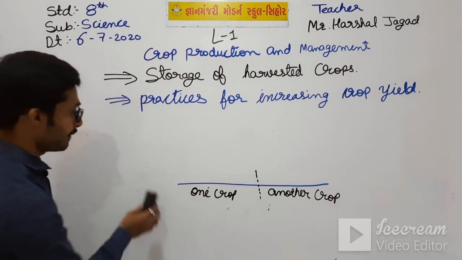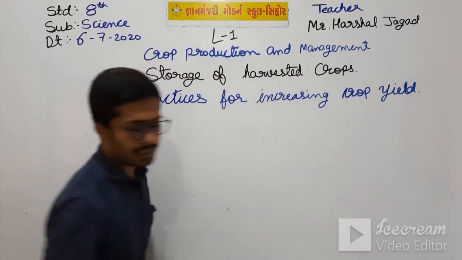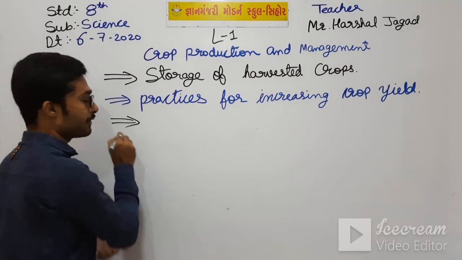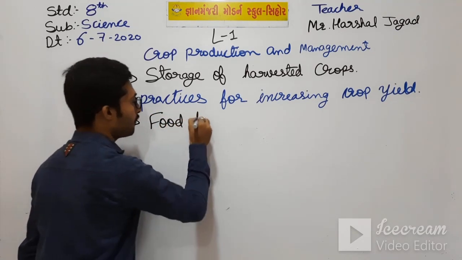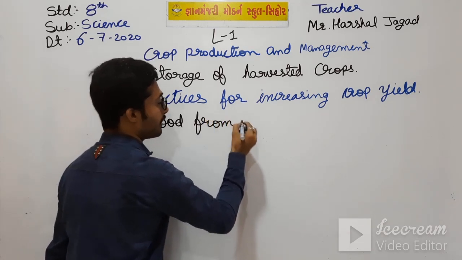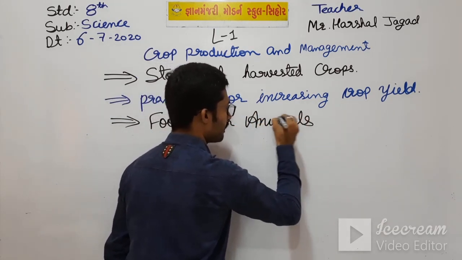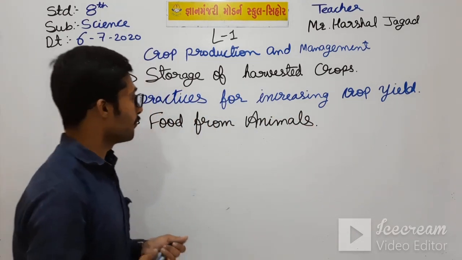The next topic is food from animals. Food from animals is our last topic of this chapter. First of all, what is food from animals?